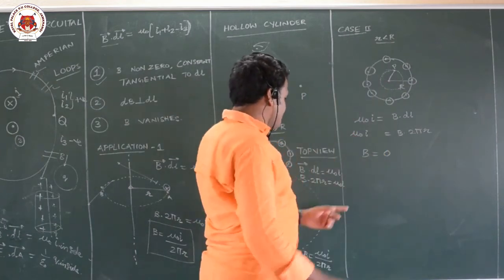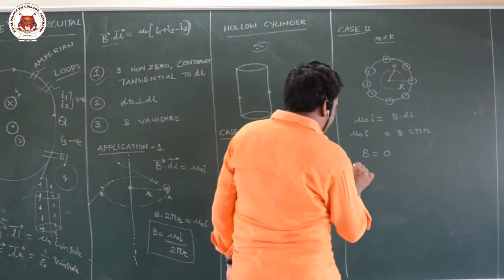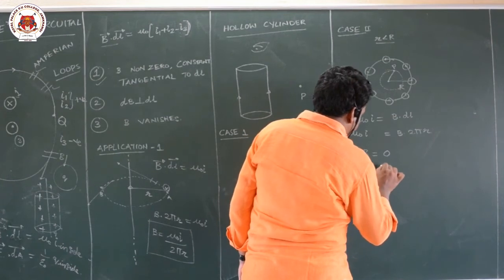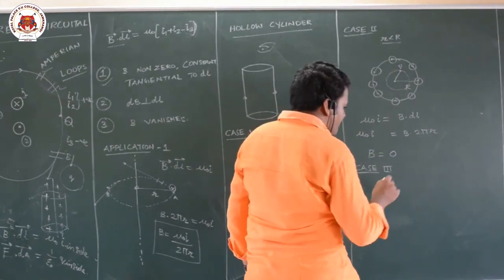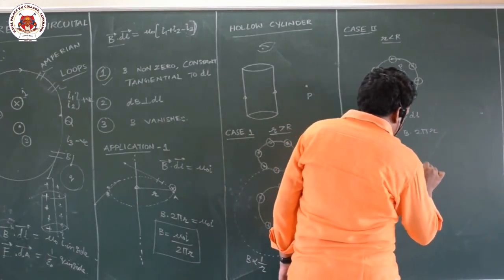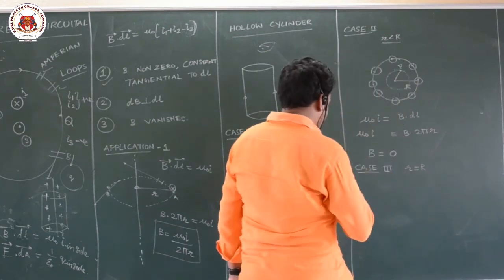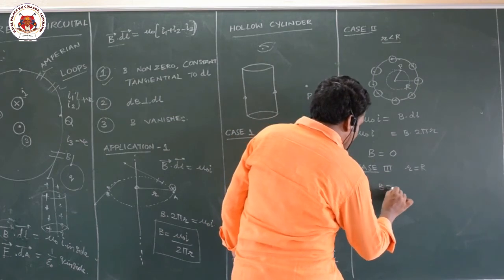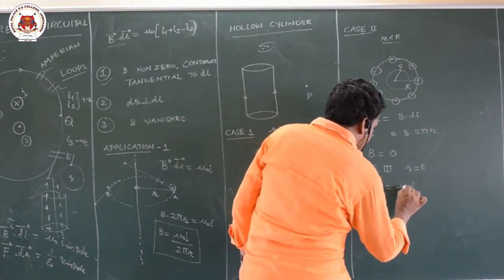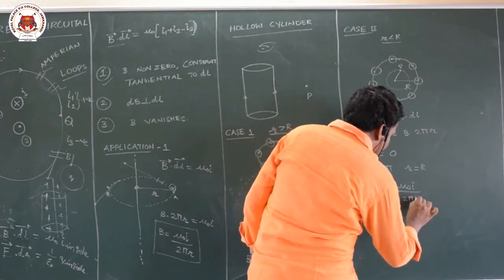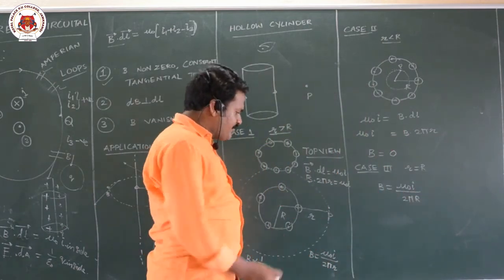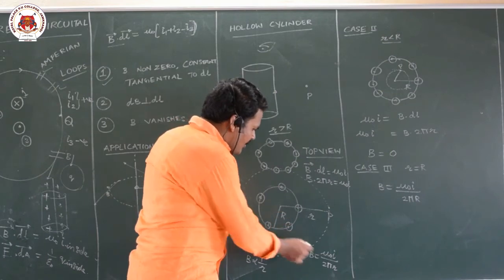When small r is equal to capital R, again case 3, you will get exactly B is equal to mu naught I by 2 pi r, because the Ampere loop radius is the same.